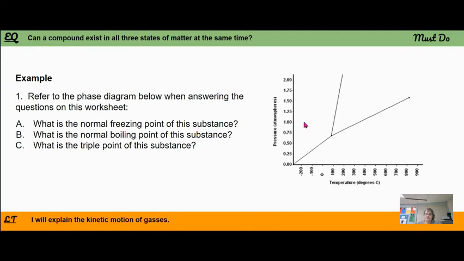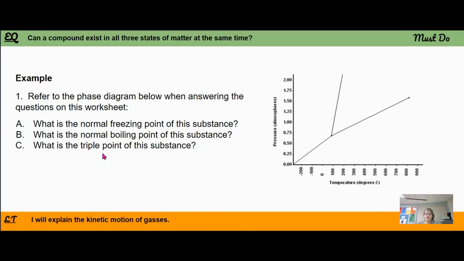So if we follow this over, this line represents melting. And if we follow it down, we would get that our melting point would be 100 degrees Celsius. What is the normal boiling point? So again, 1 atmosphere, follow it over, and I would get approximately 400 degrees Celsius.